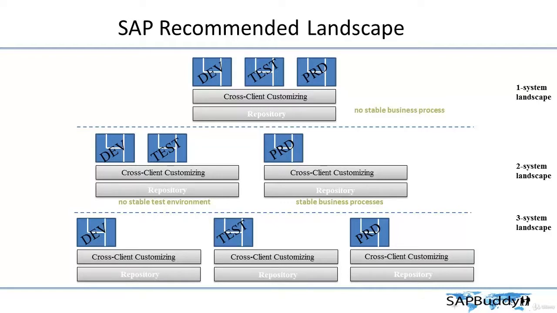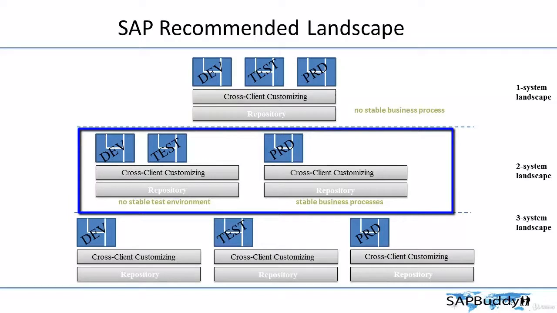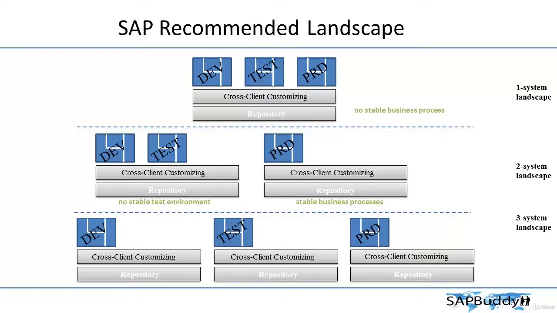Even though you have three different clients, you can separate it by clients only for the customizing objects, not for client independent objects. So let's assume what happens with the two system landscape. In a two system landscape, the production will be stable because you have a separate system.